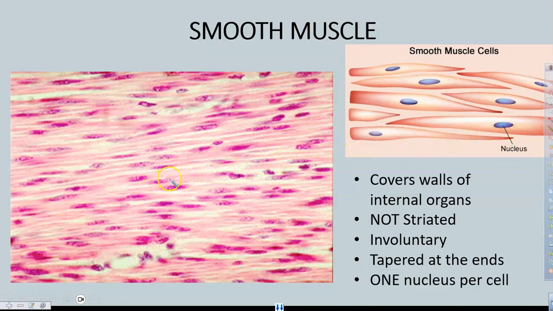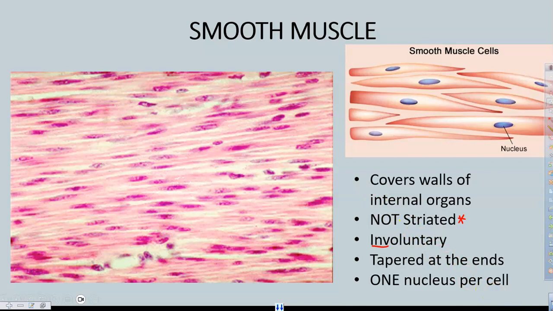If we had a really high-powered microscope, you'd be able to see it. But they are not striated. And they are involuntary. You can't tell your stomach, hey, start digesting that donut I just ate. So you don't have any control. The only one that you have control over, the only one that is voluntary, is the skeletal muscle. So that's smooth muscle.